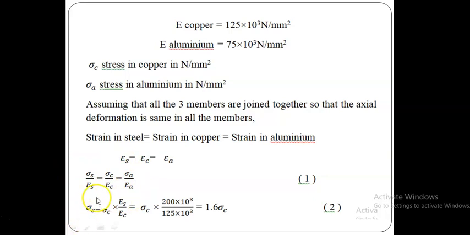Now sigma S can be written as sigma C into ES by EC.